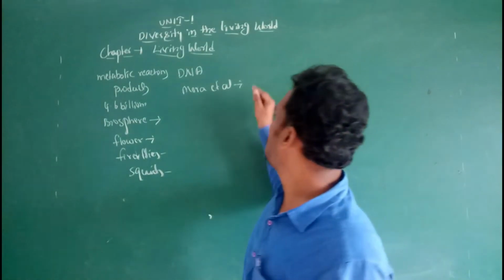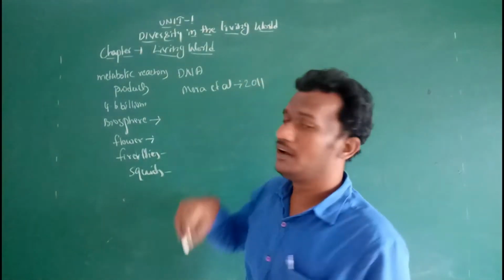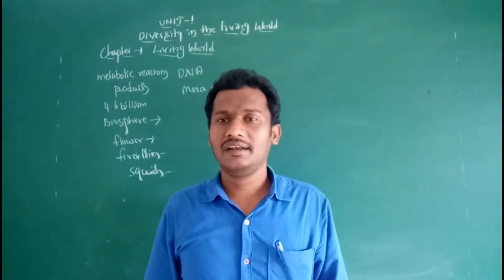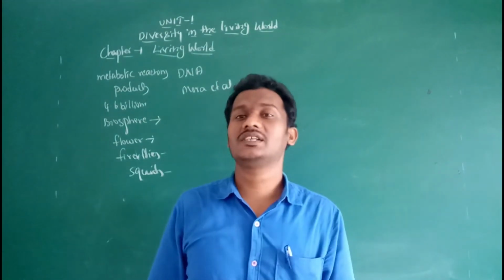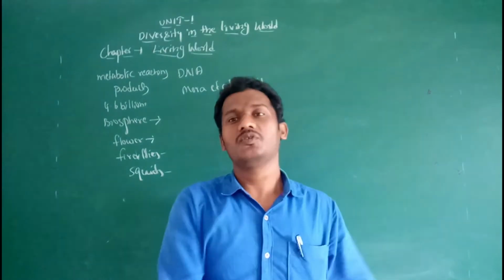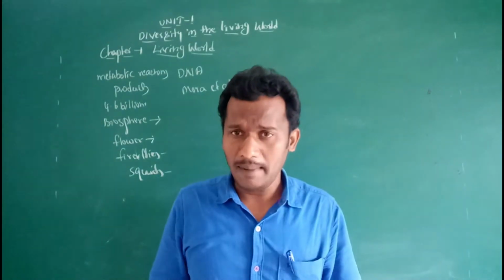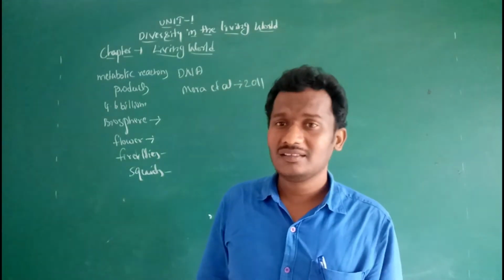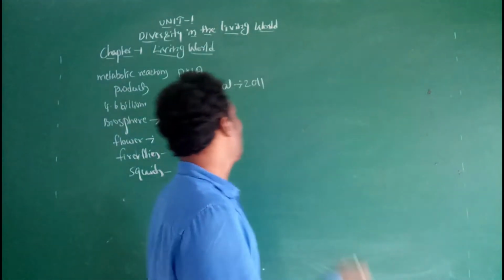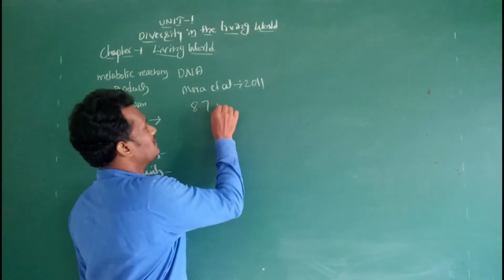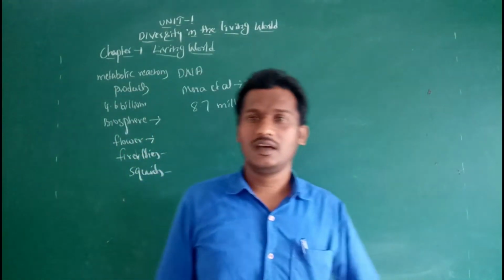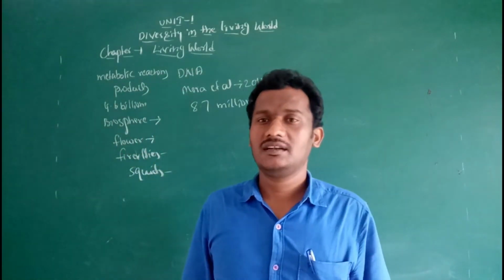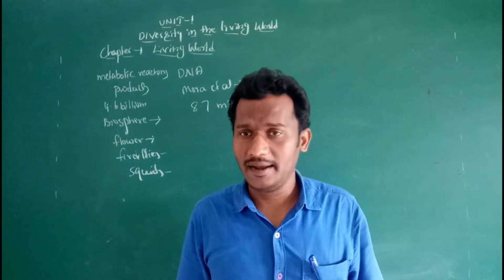In the year 2011, Mora et al. tried to estimate how many species might be possible on Earth. Based on their estimation, approximately 8.7 million species may be present on planet Earth.